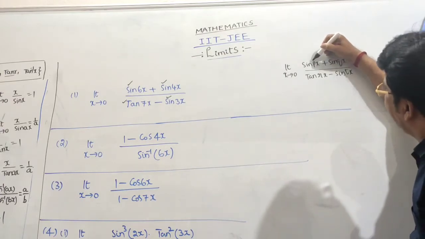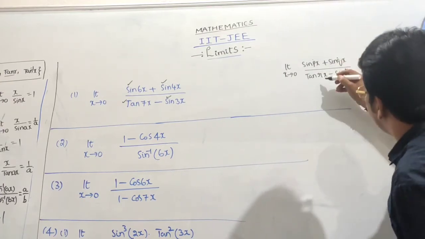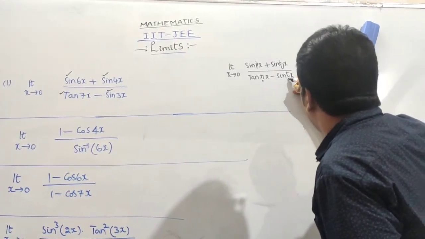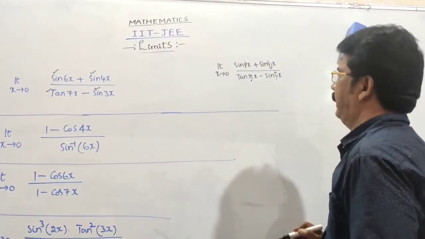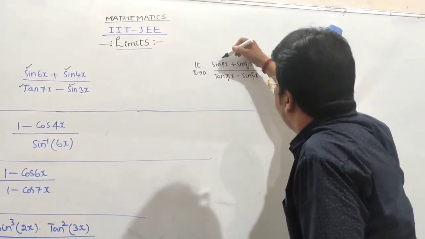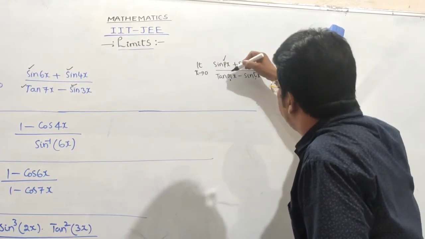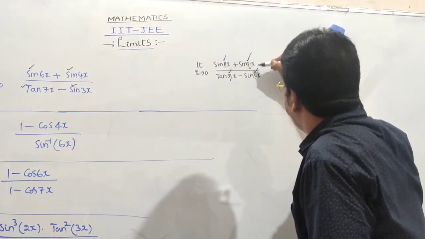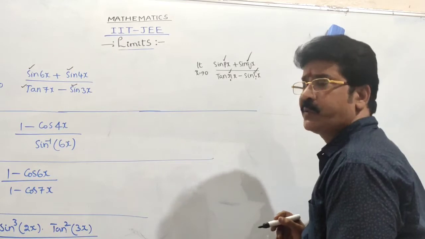You can take any constants instead of p, q, r, s.